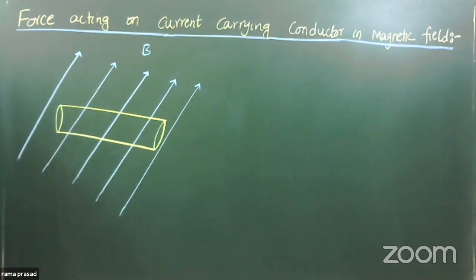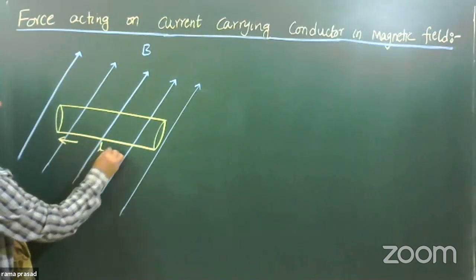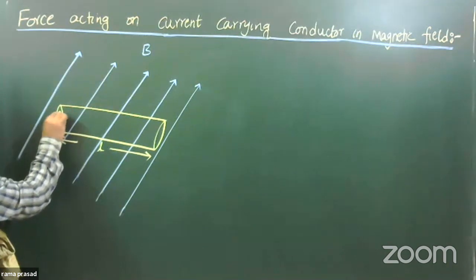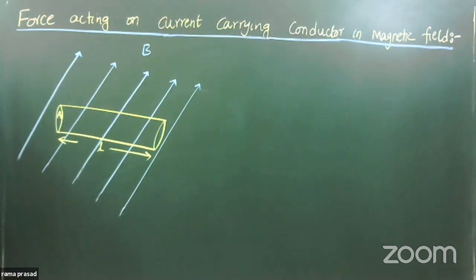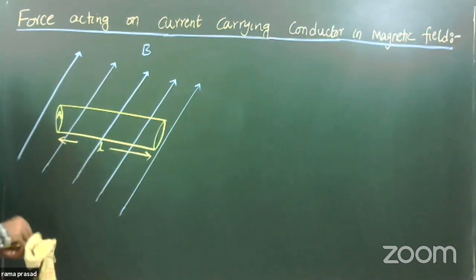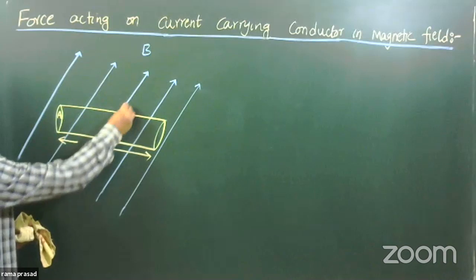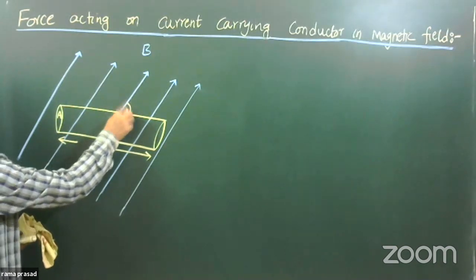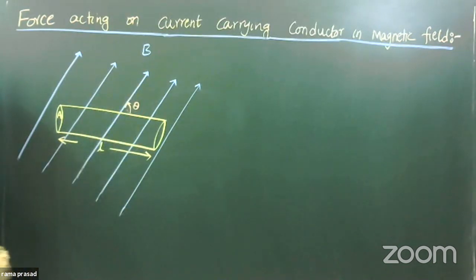A current carrying conductor of length L, area of cross section A, placed in the magnetic field in such a way its length is making an angle theta with the field direction.